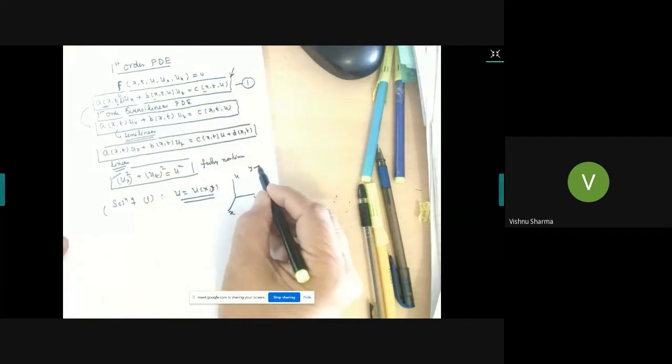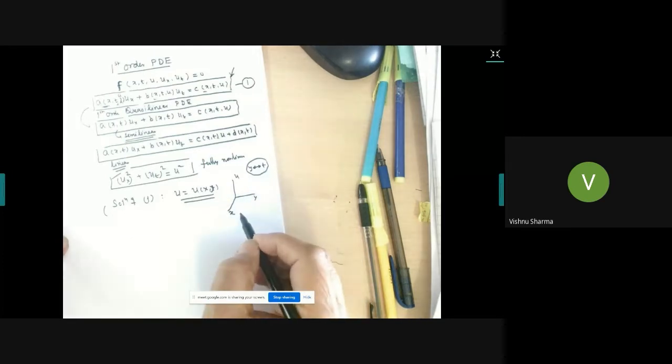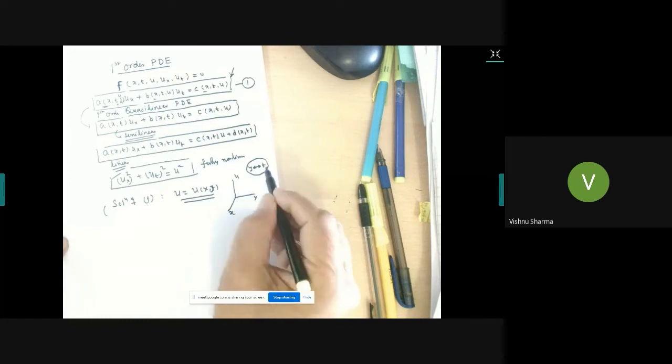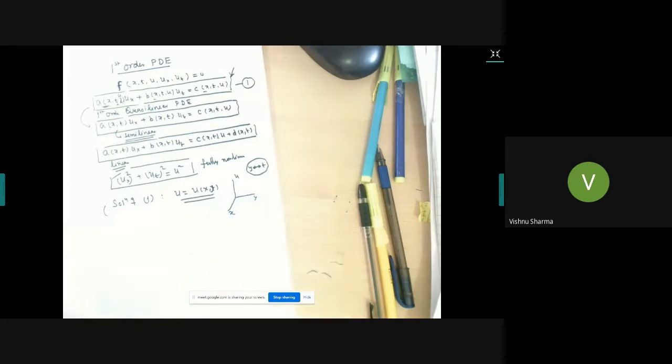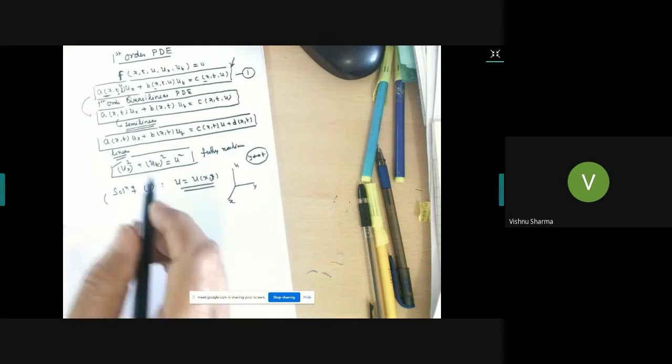So here I will write y and t, I mean y is replaced by t or t by y. If I'm talking about the geometry, I will take y into consideration. But if it is a physical situation, I will replace y by t. All right. So what do we find?